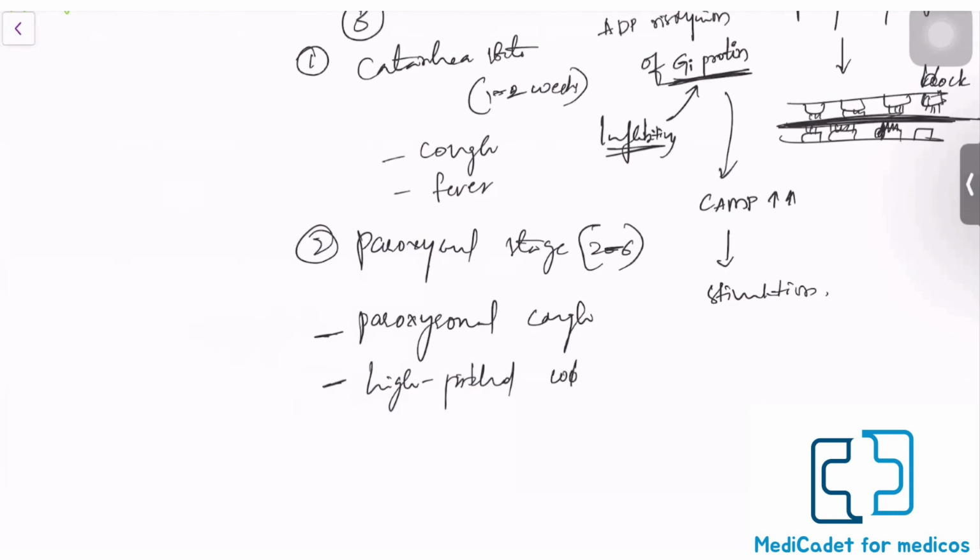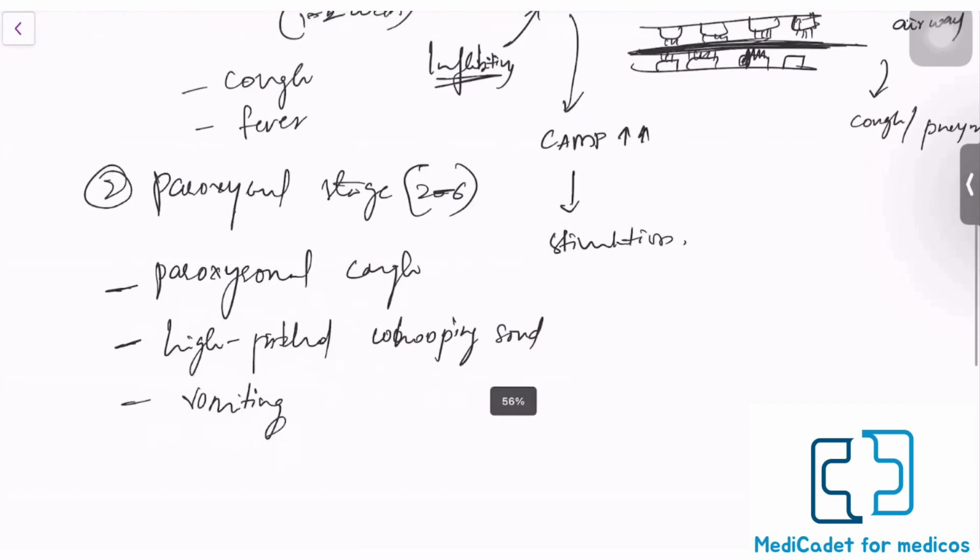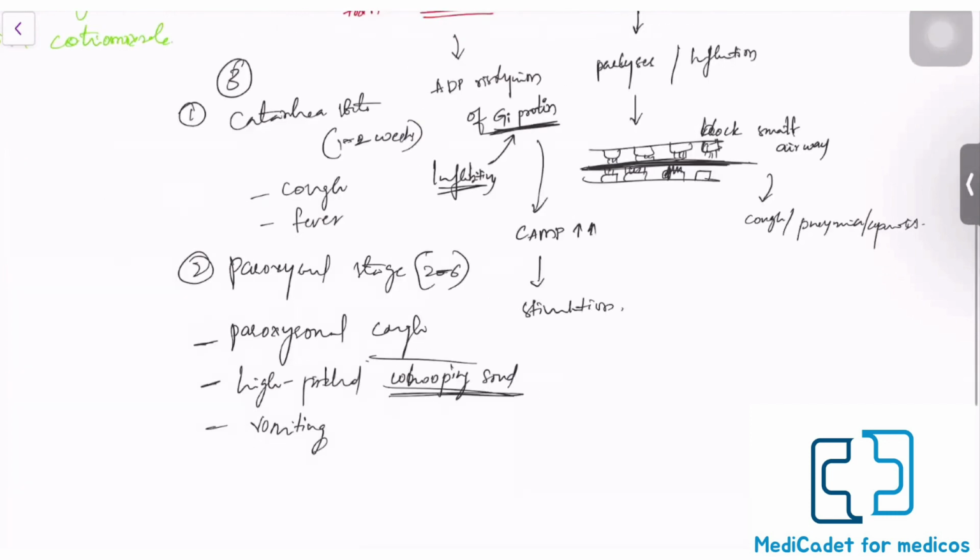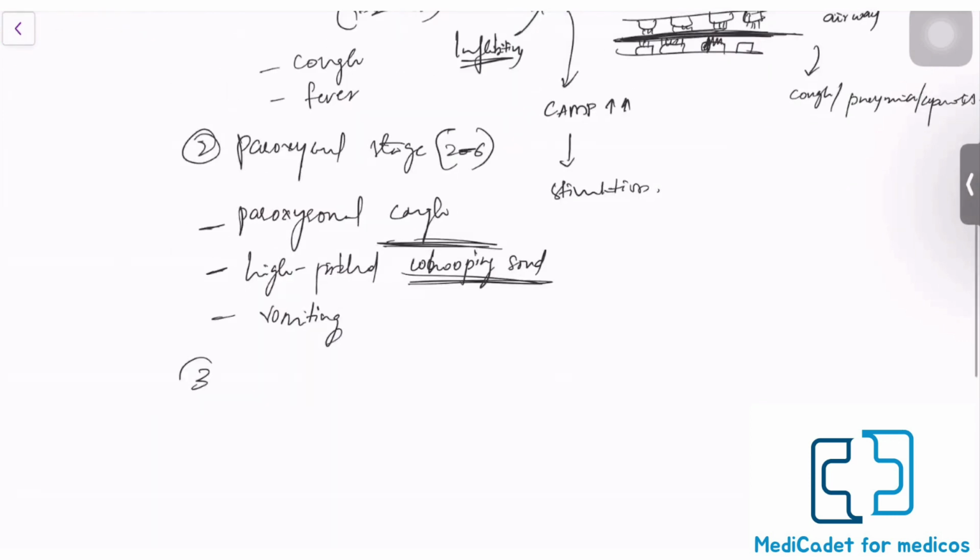And also they'll have vomiting because you have cough so much. Because of this whooping sound and cough, this is what is known as whooping cough. The other name for pertussis infection is basically whooping cough. So they'll have bouts of coughing which is so severe, and they'll have this whooping kind of sound. Okay, the third stage is basically the convalescent stage, so they'll recover.